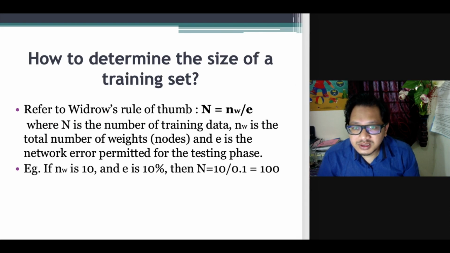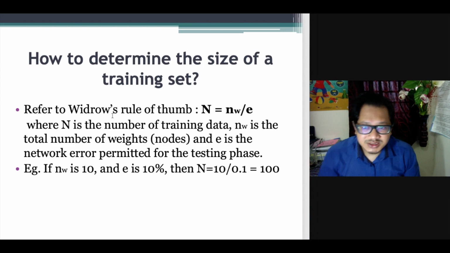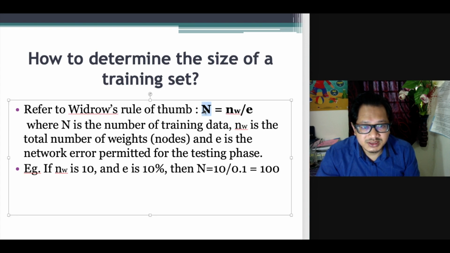First of all, we look at the training data set. How do we determine the training data set? You must determine N, which is the total, how many data sets you want, and W, which is the weights. The total number of weights must be divided by the network error permitted for the testing phase.